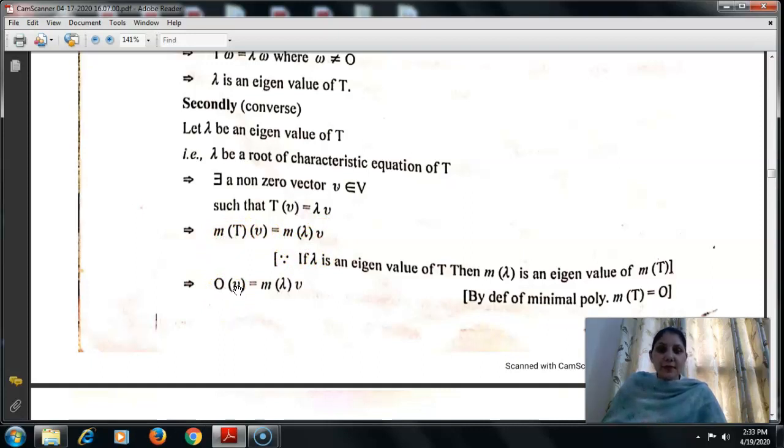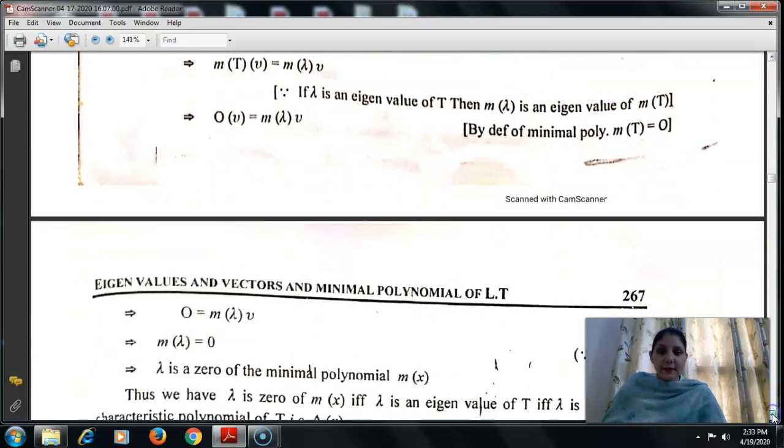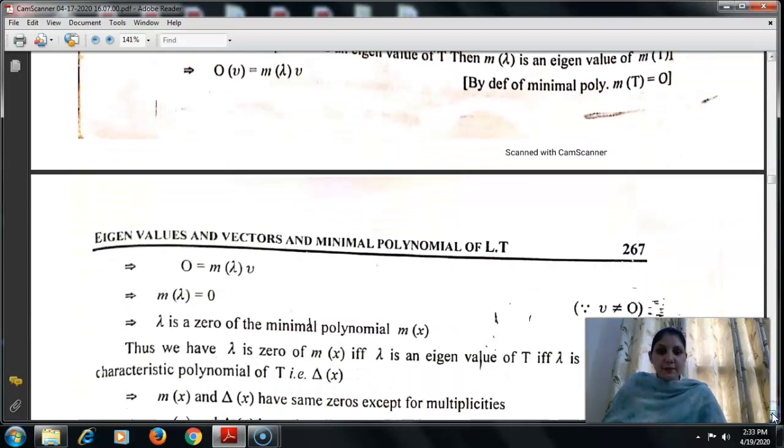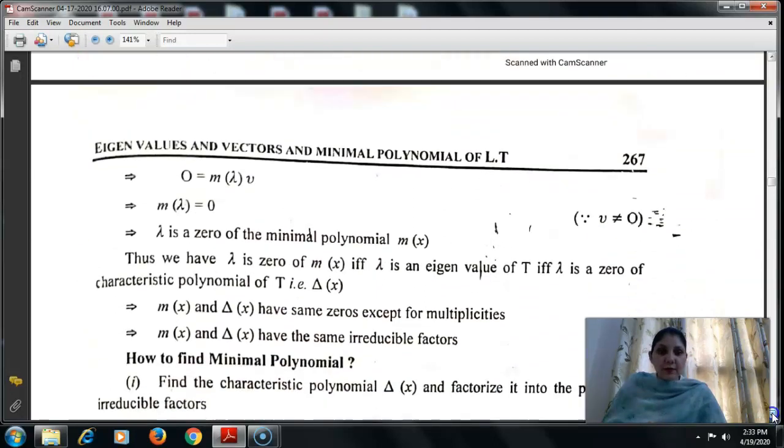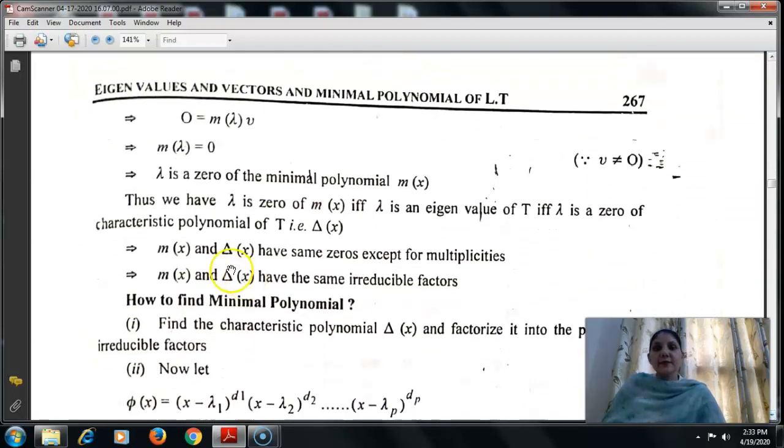So 0 v equal to m lambda v. That means m lambda v equal to 0, because v is a non-zero vector. So m lambda is equal to 0. So this proves that lambda satisfies polynomial mx. So thus what we have proved is that lambda is a zero of mx if and only if lambda is an eigenvalue of t.